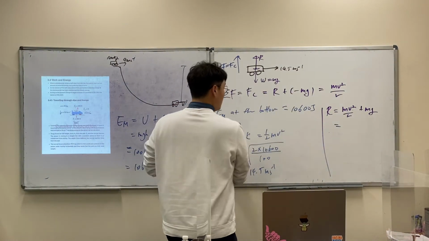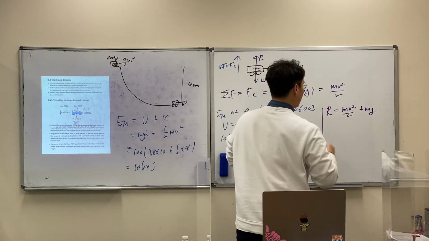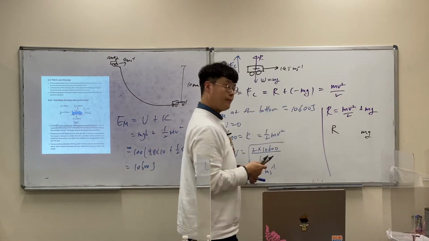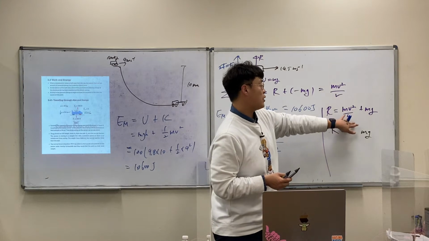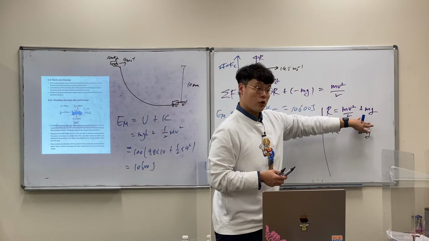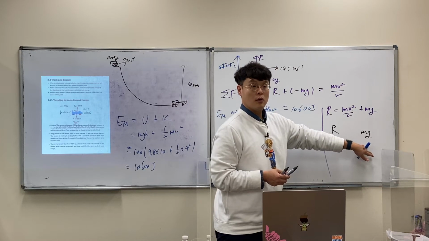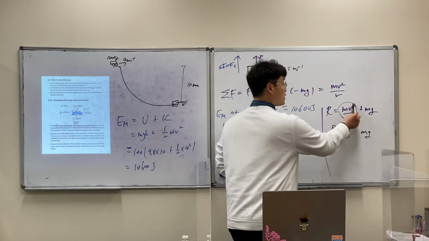Then what can you tell me about the R value? Without using quantitative numbers here, Ari, do you think R would be greater or smaller than mg, or the same? In that case, as R equals mv squared over r plus mg, do you think R will be greater or less than mg? It will be greater, as we are adding this to the mg.